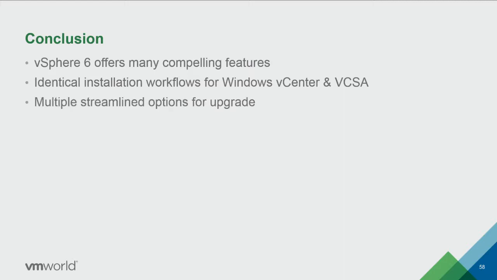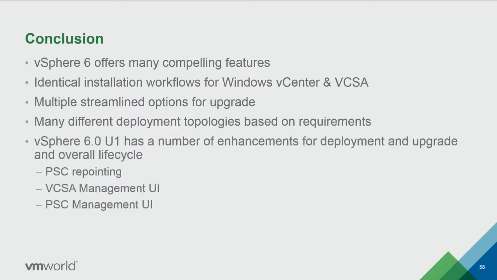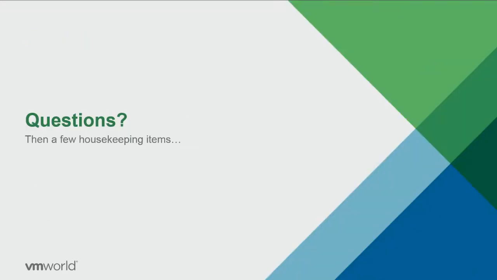And you have multiple streamlined options for upgrade. We showed you all the different upgrade paths that you can take. We also have many deployment topologies, so we gave you an introduction to that. And we also showed you that in U1 we have new interfaces for VCSA and PSC, and we can repoint from embedded to external. So now let's open it for questions.